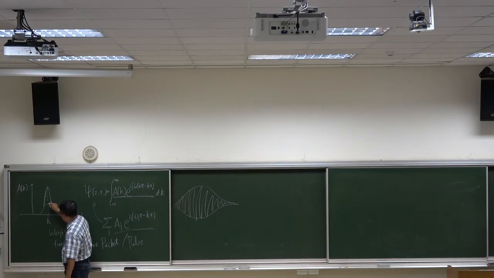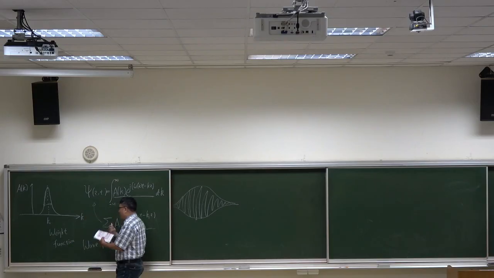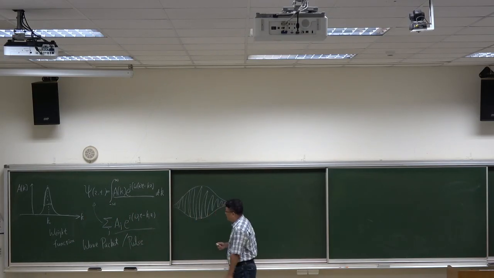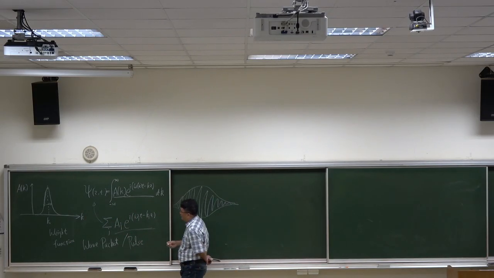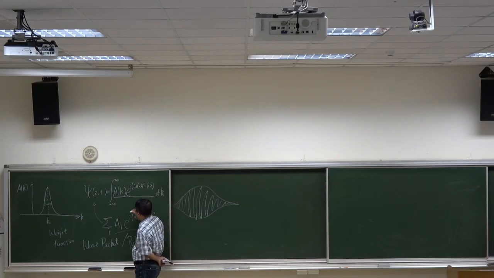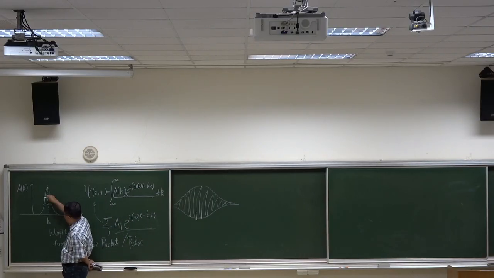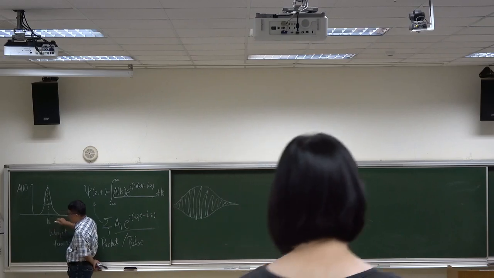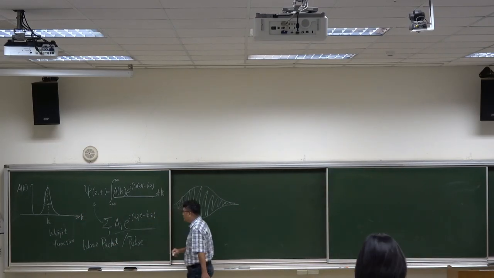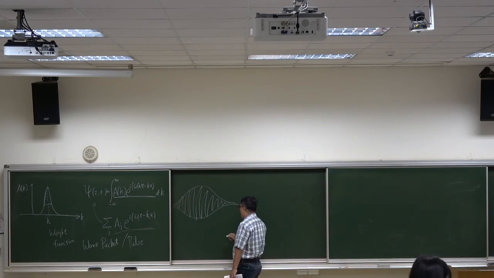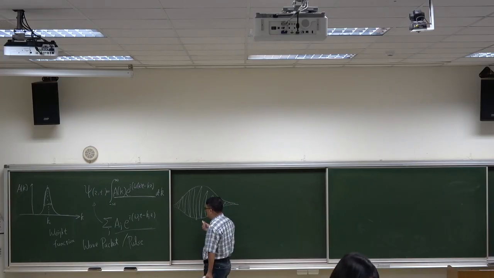It has a very narrow width. So most of the contribution comes from the region very close to this reference point k naught. So we can use this strategy.